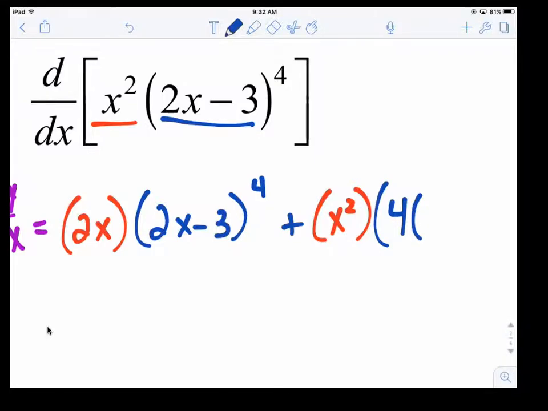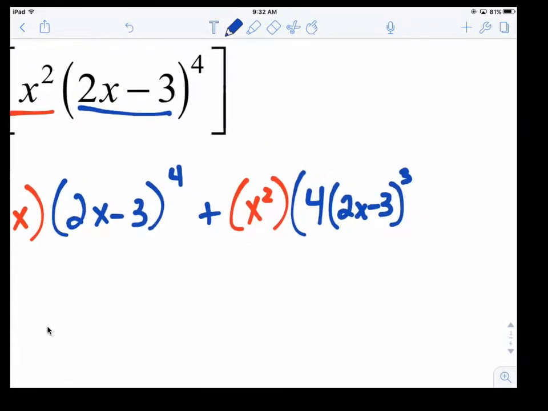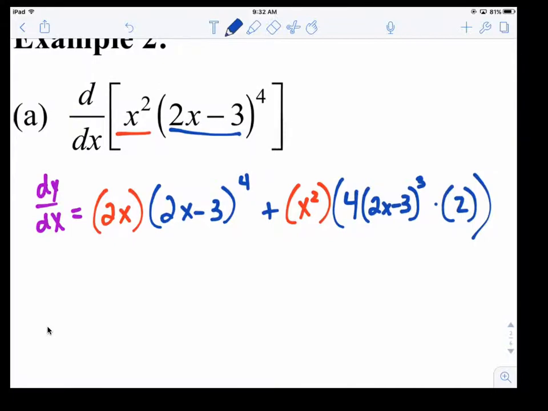4 times 2x minus 3 to the 3rd times what? 2. All right, so the derivative of the second, right, again, you're taking the derivative of the blob to the 4th, which is that, times the derivative of the inside, which would just be 2.